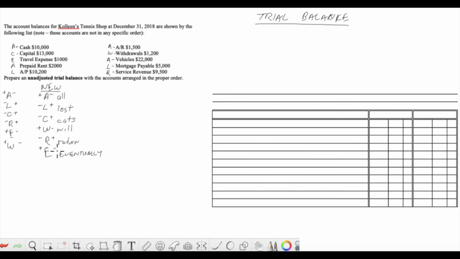Okay, so we're good. All right, so we're doing a report. Just like when we learned financial reports earlier, we need what? The company name, right? So in this case, Colleen's Tennis Shop. Perfect. And what's next? Well, the type of report is a trial balance.